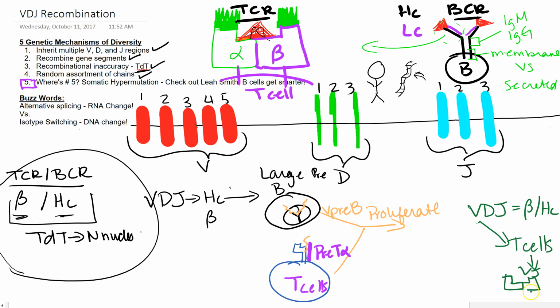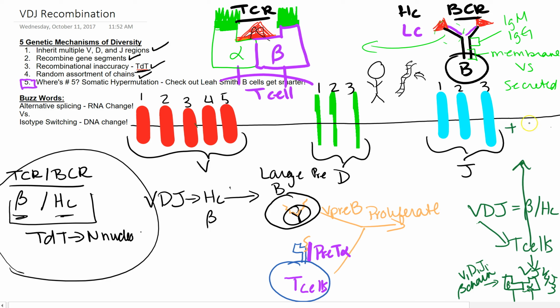This is my crudely drawn T-cell receptor. This is my beta chain. Let's say it's V1, D1, J1, and this one is V4J3, because this is my beta chain and this is my alpha chain. If the alpha chain is functional, it will bind with the beta chain, and then since it's a T-cell, it's going to go through positive and negative selection.